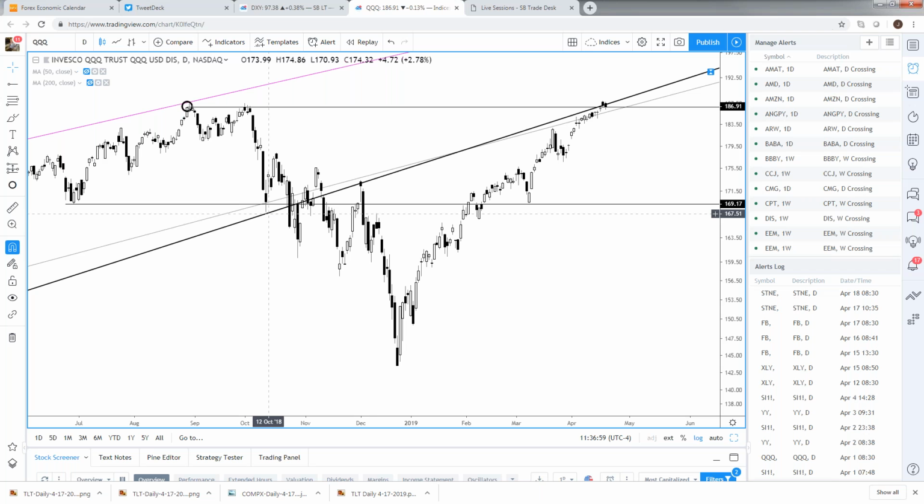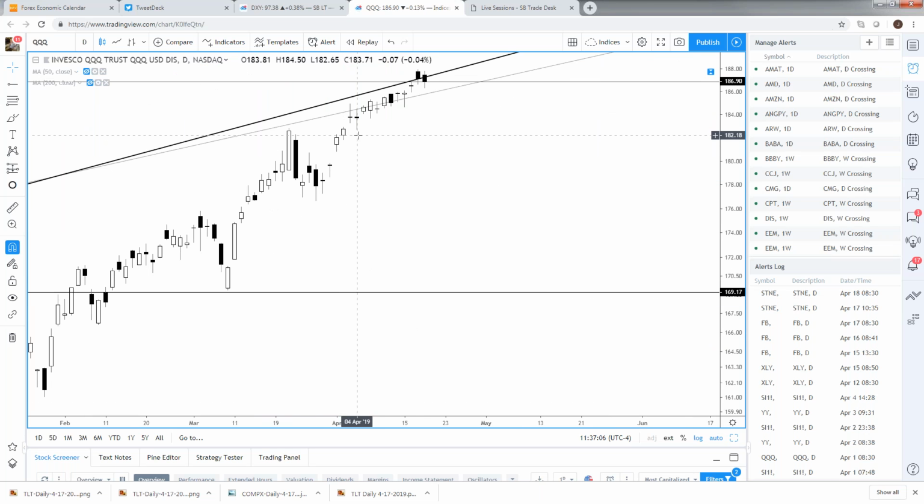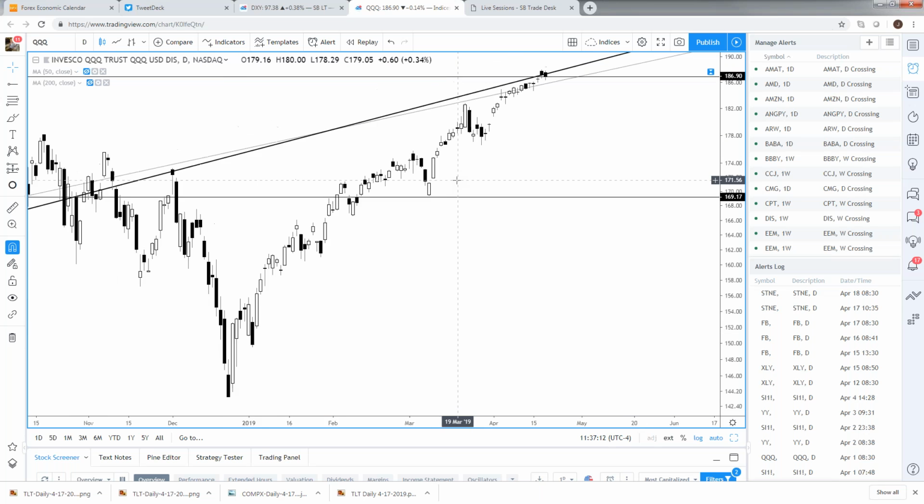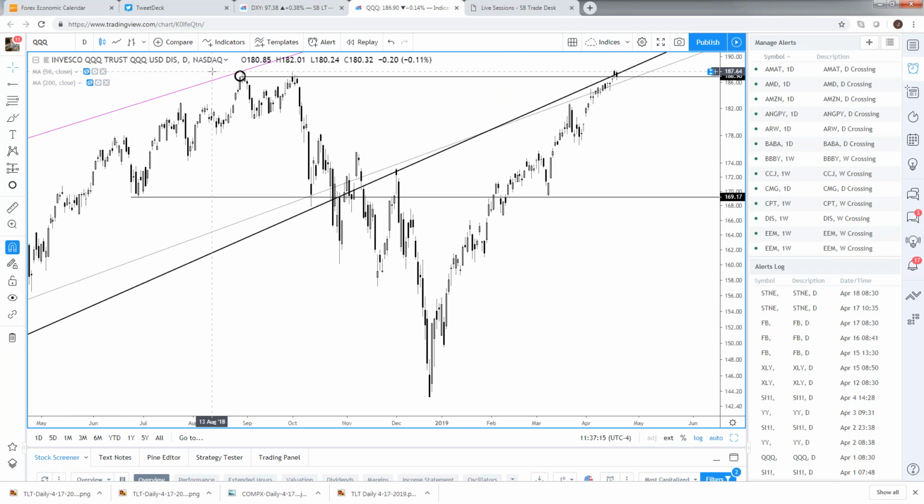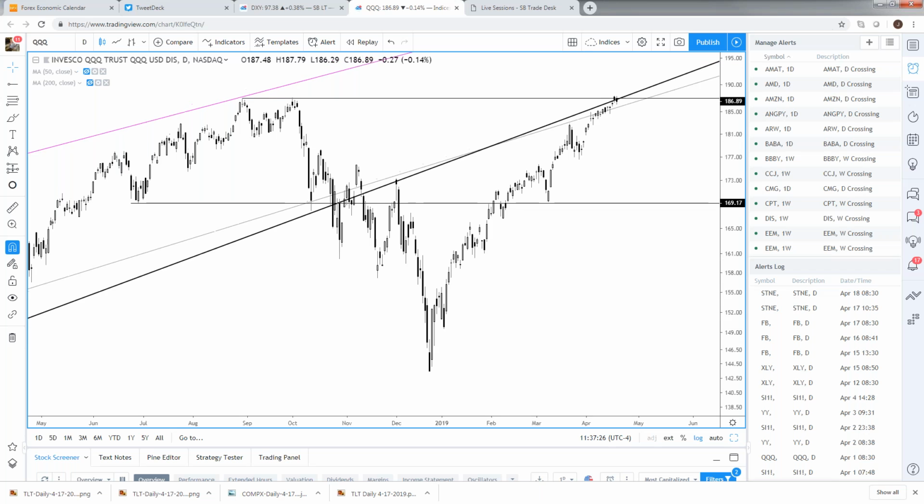Just missed that tag, hit that high, and now we're right here, and we've been kind of levitating up against it for how many days? And we just went to a new high. I mean, that's tough. And you think about the news flow going on, the Apple Qualcomm kind of pact, if you will.